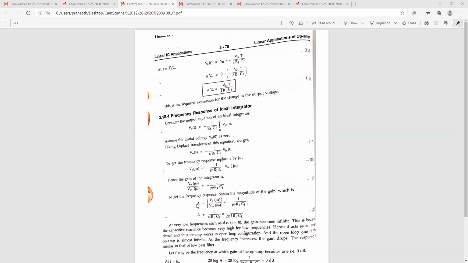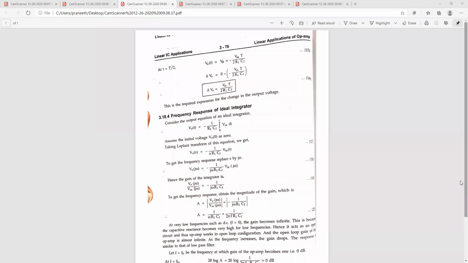If it is considered to be the magnitude of gain, then I get A equals magnitude of minus 1 by j omega R1 C1. For magnitude, we drop the negative sign. And of course, 1 by j is considered to be 1.